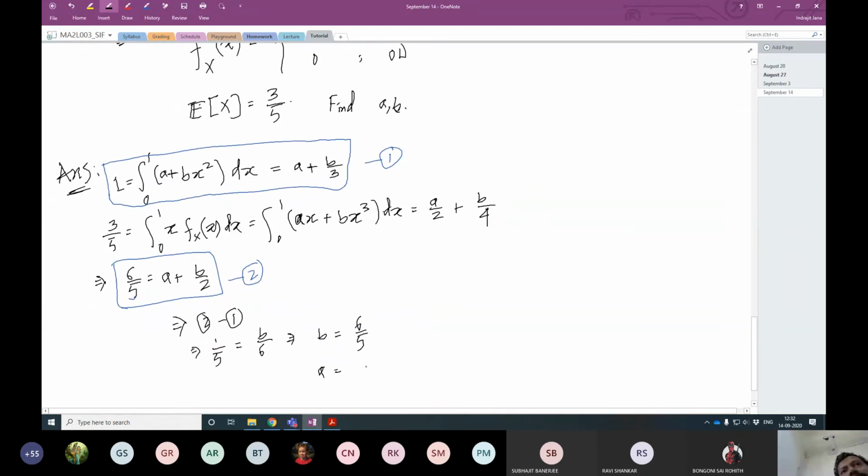I plugged that in equation 1, you get 2/5, which is going to be 3/5. That's the answer.